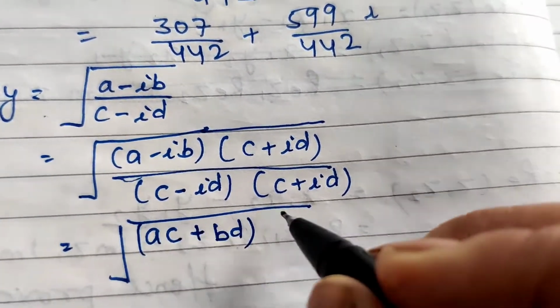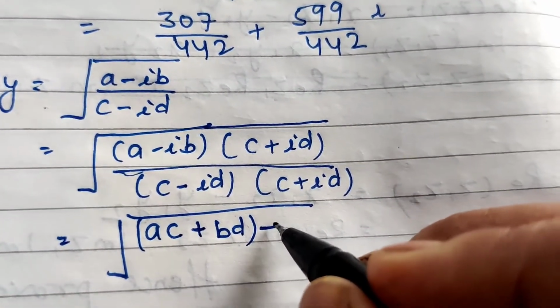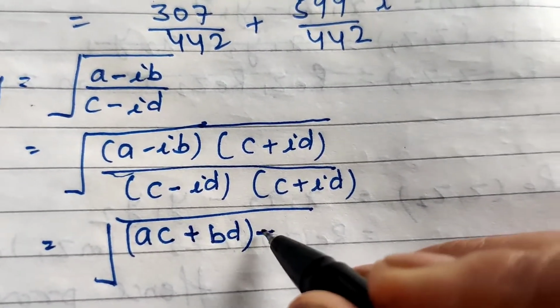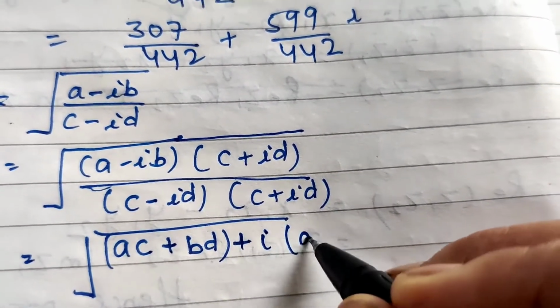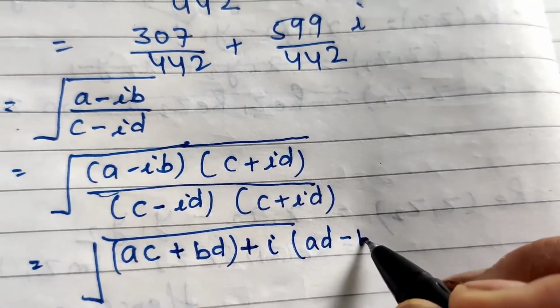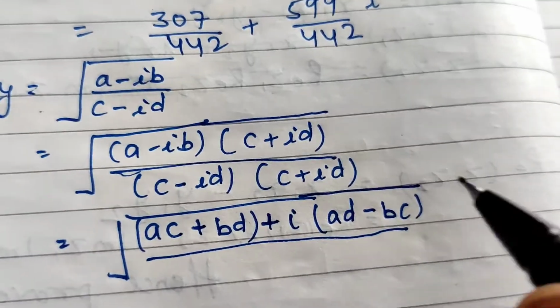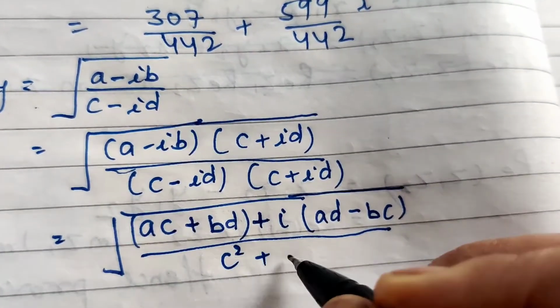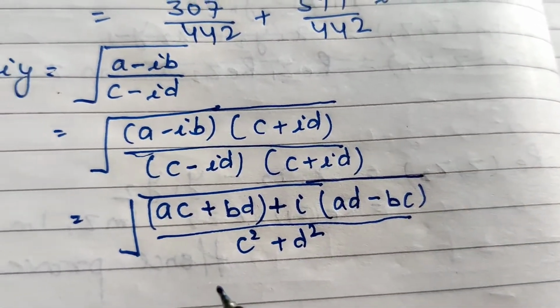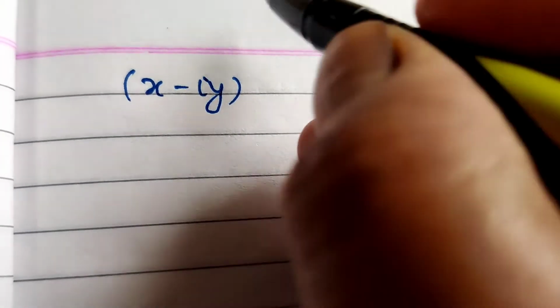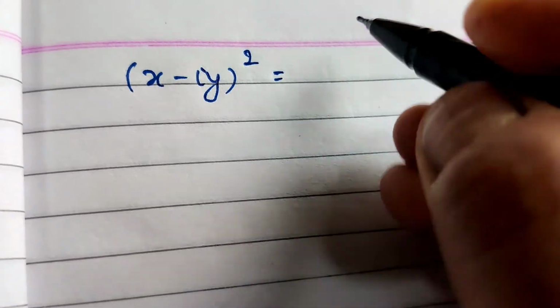This is the real part, and next take the imaginary part. It is equal to plus i(ad minus bc), and in the denominator you get c square plus d square. Okay, and squaring both sides, and taking the square on this side, the square root cancels.